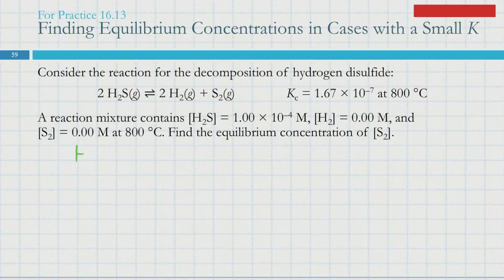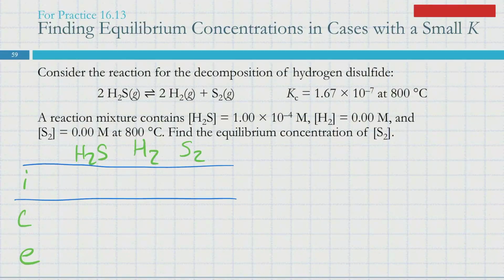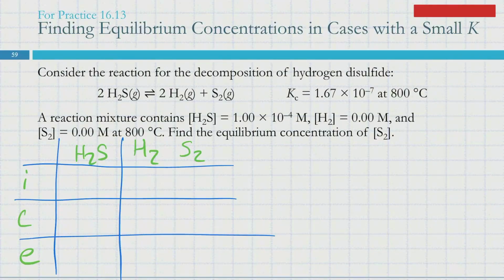We are still going to set up our ICE table. So an initial amount of 1 times 10 to the minus 4, 0, and 0.